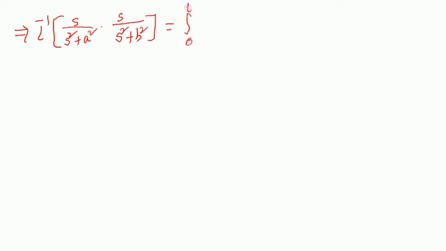So that implies L inverse of f bar of s means s by s square plus a square into g bar of s means s by s square plus b square equal to integral 0 to t f of u means cos au, g of t minus u means cos b of, in the place of t you can write t minus u, into du.